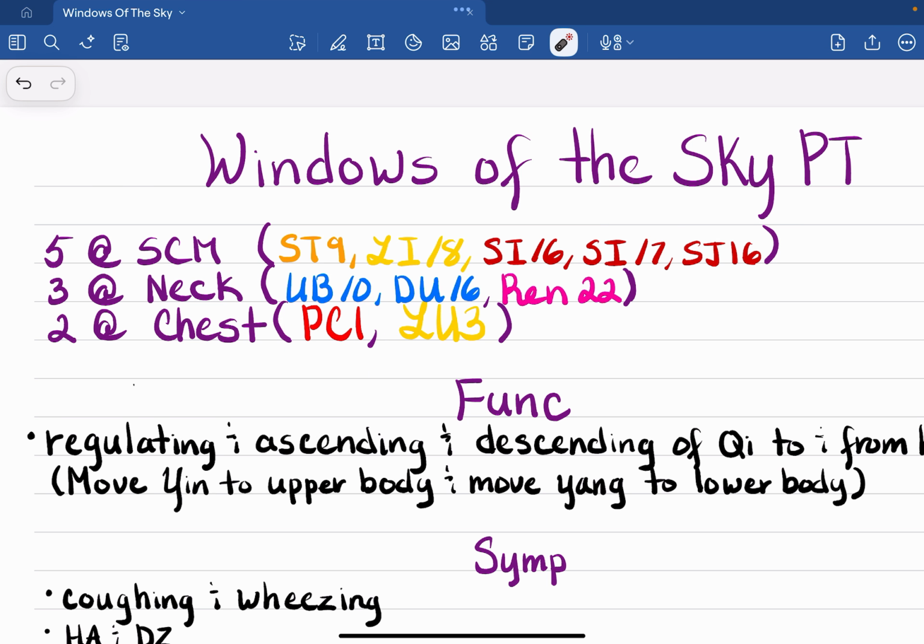This is the one in the chest. And of course, lung 3, we know, also goes to the lateral side, and from there we know the deltoid, and so we go down 3 soon from the axillary fold.